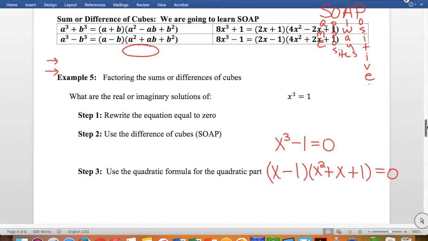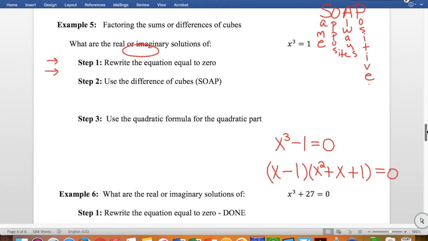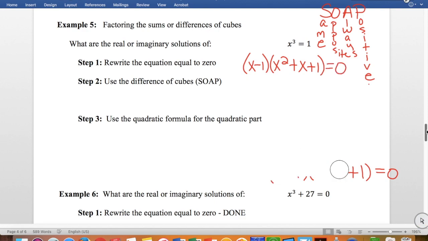So I'm going to go ahead and scroll down so I can finish this out. And I'm going to rewrite this all up here. So I'm just going to rewrite this part, x minus 1, and then I have x squared plus x plus 1 equals 0. I'm going to leave SOAP up there for now, but I'm going to go ahead and work this out.